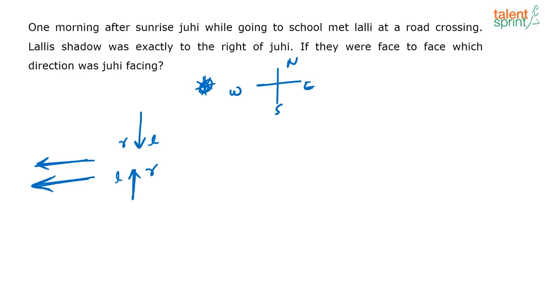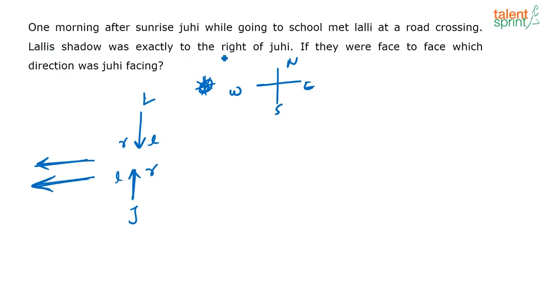So what are they saying? Lali's shadow was exactly to the right of Juhi. First let us assume that this is Lali and this is Juhi. So in which direction is Lali's shadow now with respect to Juhi? See, Lali's shadow is towards the left of Juhi. But what are they saying?